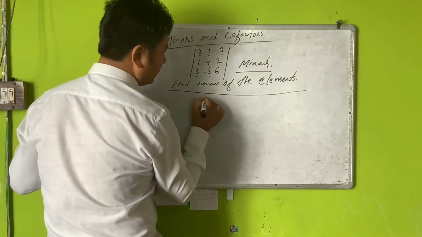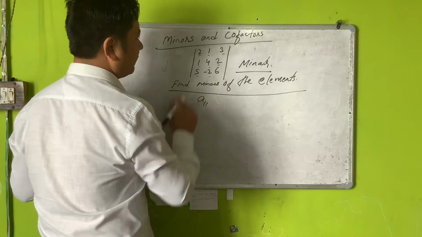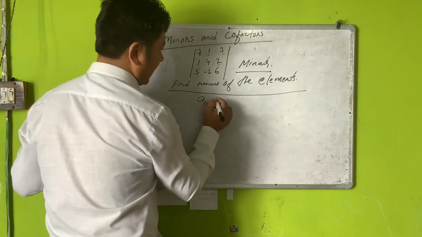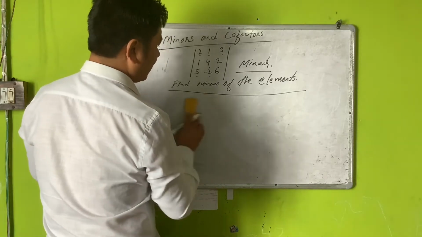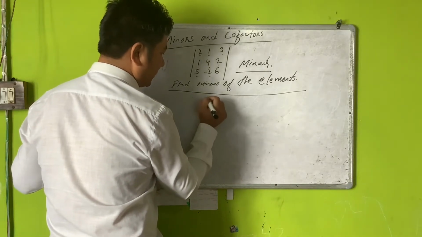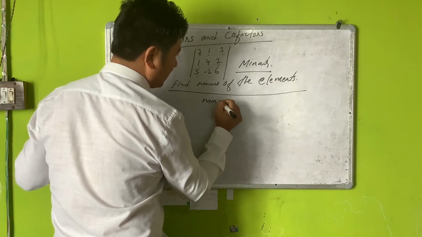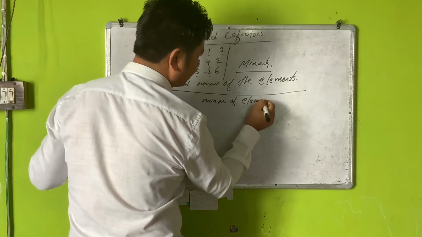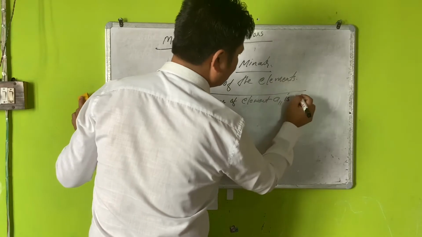The first element is what? A11, because this one is first row and first column. So you have to find minors of all the elements. I am writing minor of element A11.